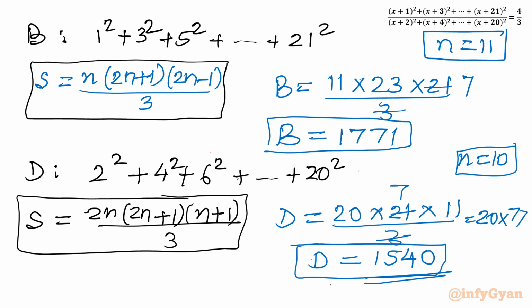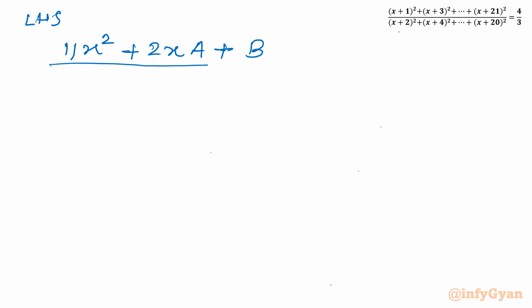Let's put the values. Our given LHS equals (11x square plus 2x A plus B) over (10x square plus 2x C plus D) equal to 4 over 3. Let us put all the values.